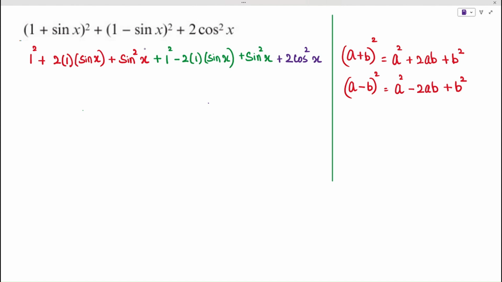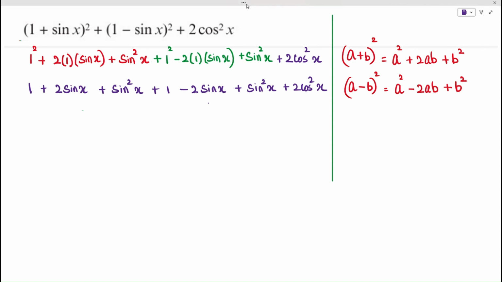Now we can simplify this all down. So we get 1 plus 2 sine x plus sine squared x plus 1 minus 2 sine x plus sine squared x plus 2 cos squared x.